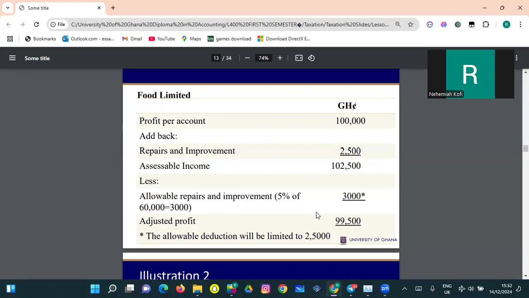We are not going to benefit for more than what we have really incurred. Otherwise, we will see an example where we will see what you are going to do when the expense is higher than this. So now the allowable deduction will be limited to 2,500, not 25,000, right? 2,500.